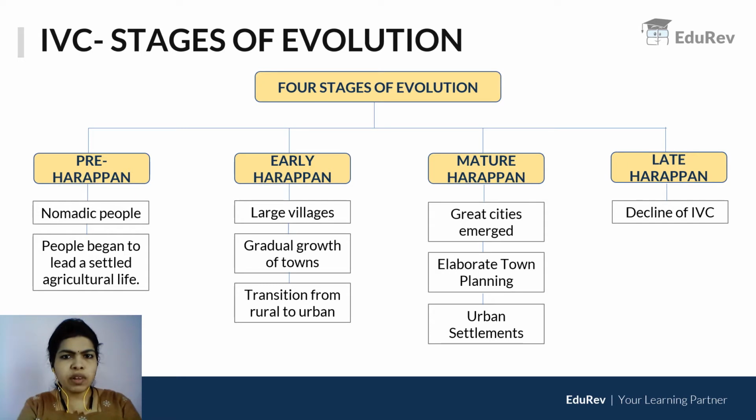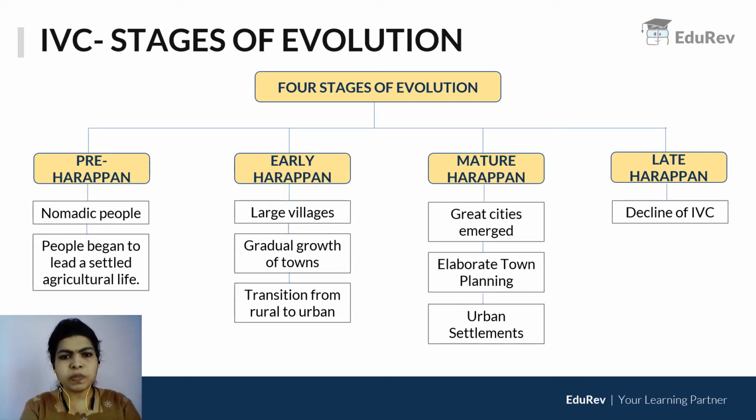Four stages of evolution. Ideally, the stage that led to the decline of IVC is called the late Harappan, whereas the one which is very important from the perspective of the examination is your mature Harappan, because in this mature Harappan only you had the very prominent urbanized culture of Harappan civilization.